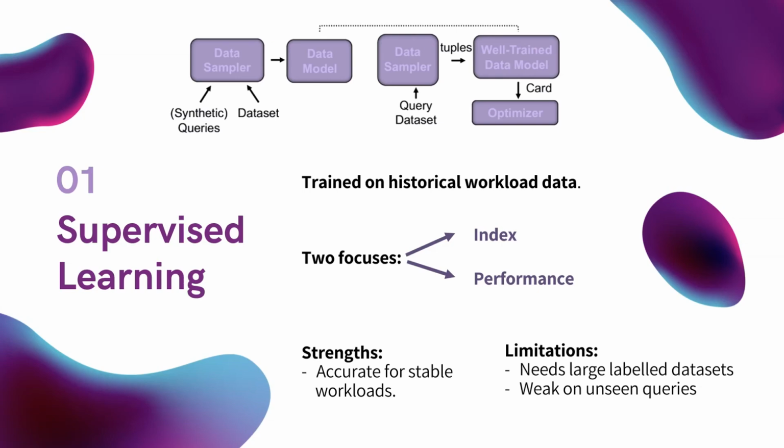On the other side, implementation of these models is costly and time-consuming during the training stage. More importantly, these models perform poorly when faced with unseen query patterns or shifting workloads. In practice, this means that they're most suitable for environments with consistent and predictable workloads.